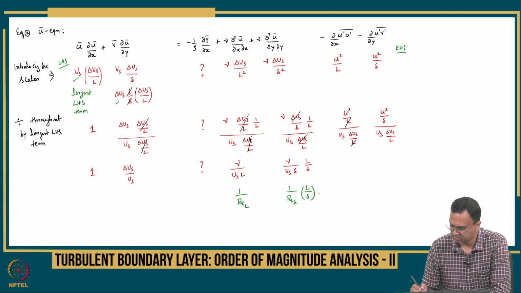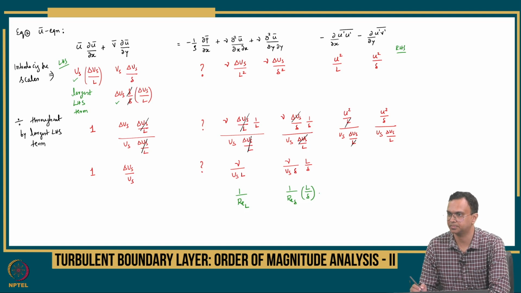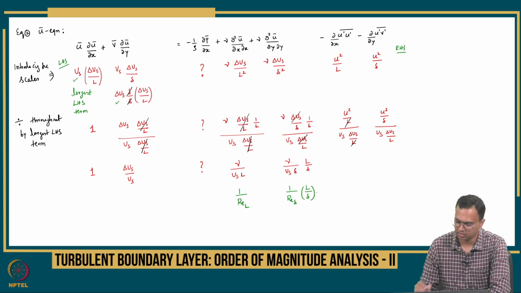Okay, so now which is the largest viscous term here? The second one. See, the Re_L, we said L is at least an order of magnitude larger than delta, right? So 1 by Re_L must be then smaller than 1 by Re_delta.